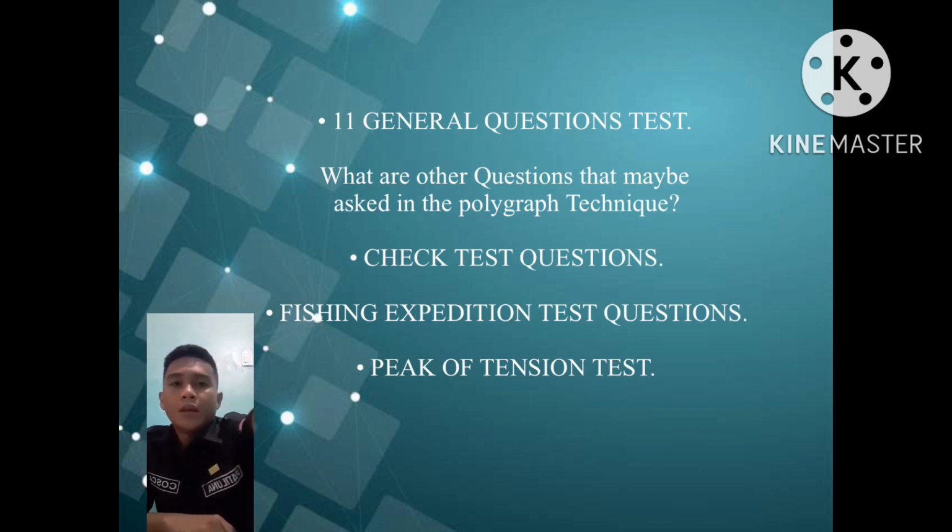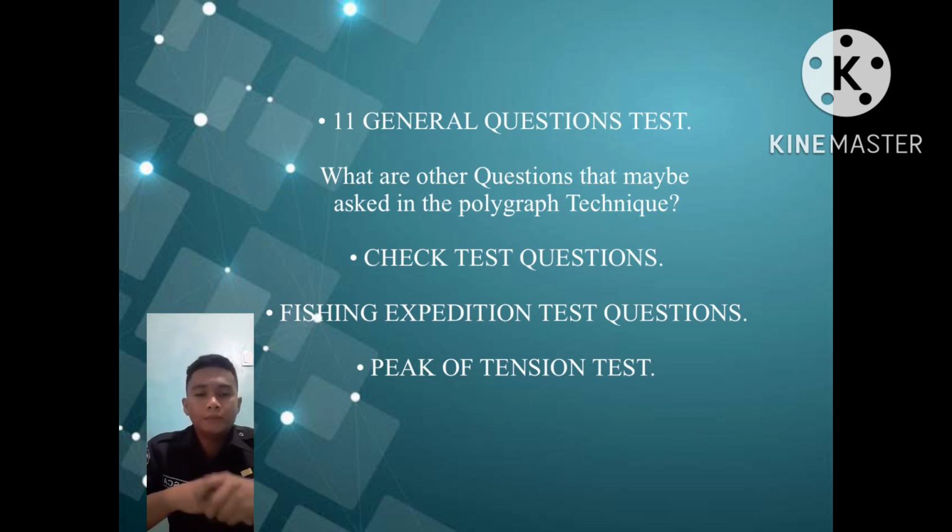Next topic. The peak of tension test. The peak of tension test is similar in format to the concealed information test, but it is distinct because the questions are asked in a way that is easily recognized.